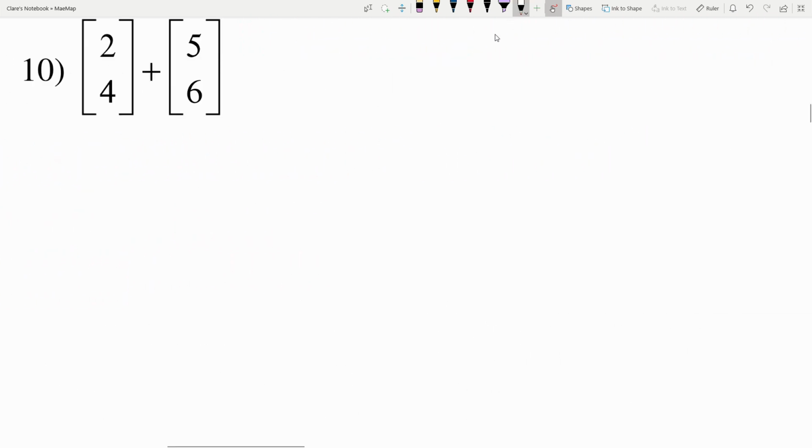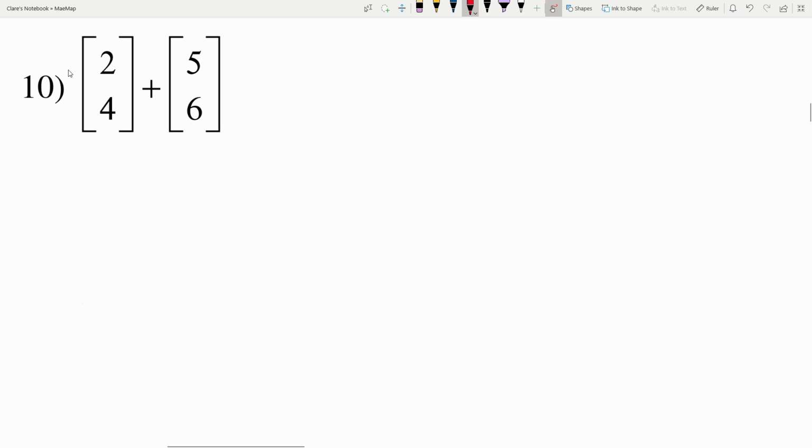Moving on to number 10, we're going to be adding. And let's double check that we can add, making sure it's not undefined as our answer. We have a 2 by 1 added to a 2 by 1. So 2 rows by 1 column will be our result. So we'll simply add the same row and column together. So row 1, column 1 is 2, plus row 1, column 1 of the other matrix, which is 5.